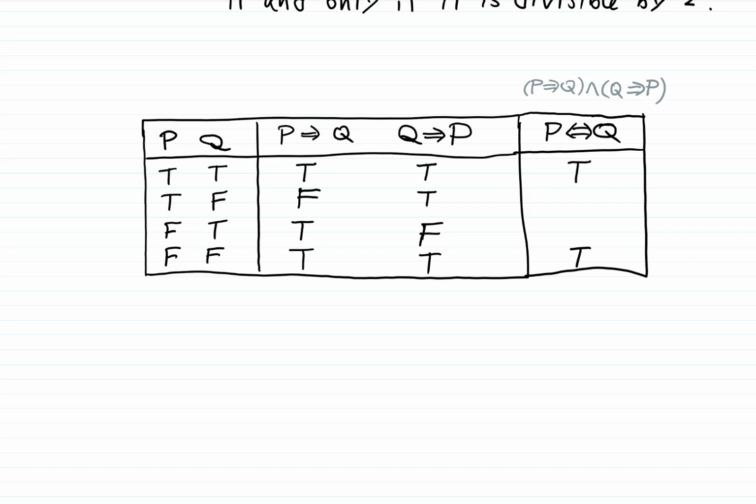Look at the second row. P implies Q is false, so automatically this conjunction of two things will be false. In the third row, Q implies P is false, so automatically this conjunction of two things will be false.